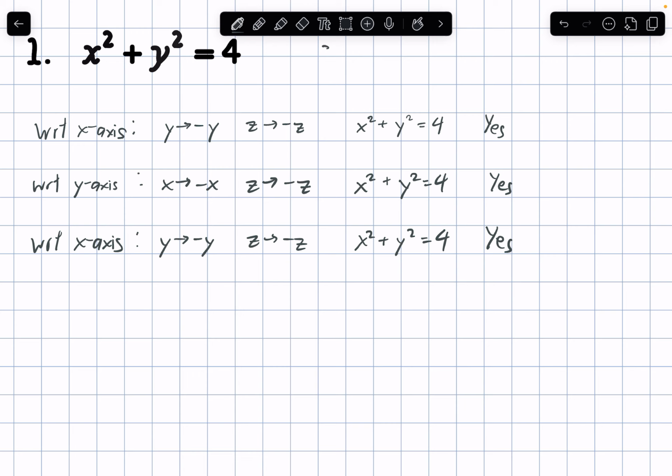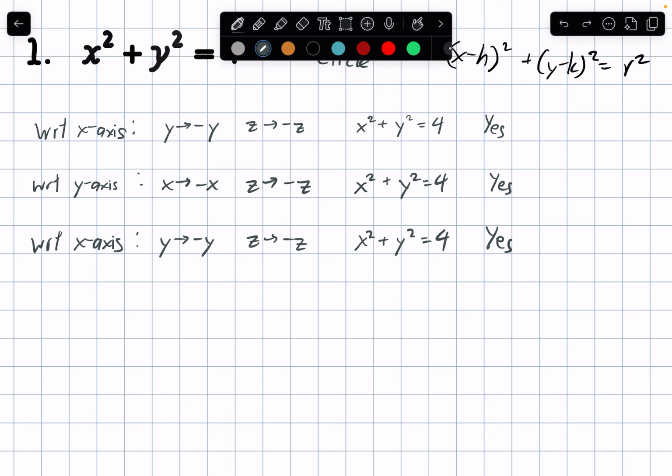I think this is a circle. It copies the form x minus h raised to 2 plus y minus k raised to 2 is equal to the radius squared. It makes more sense because r could be 2 if r squared is 4, right? If you think about it.